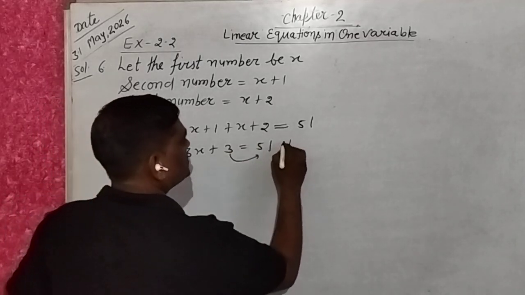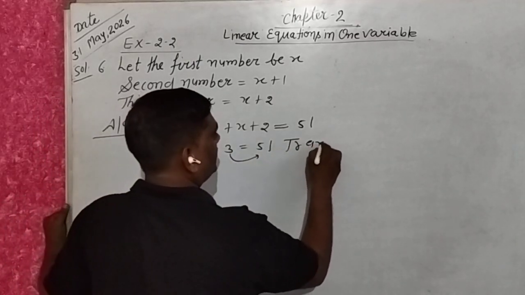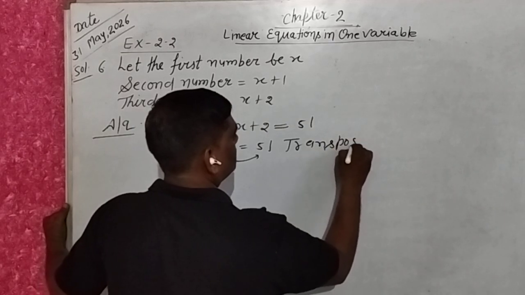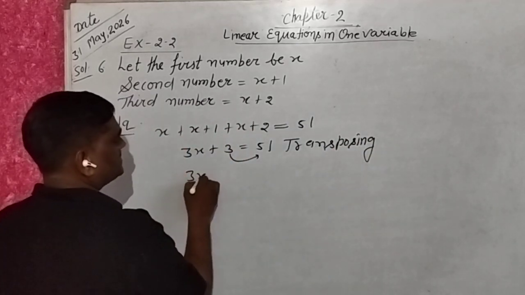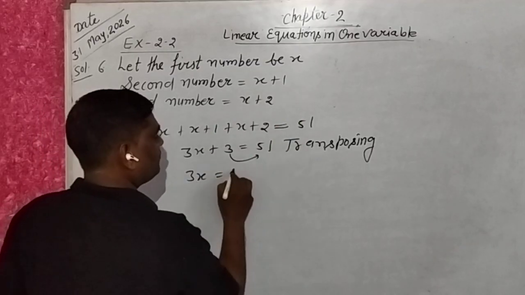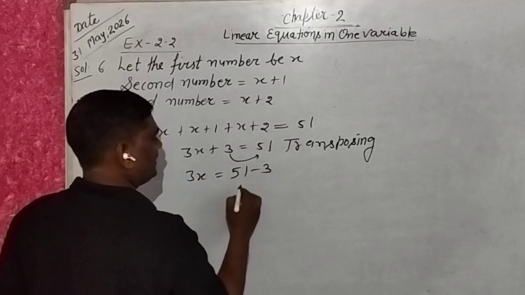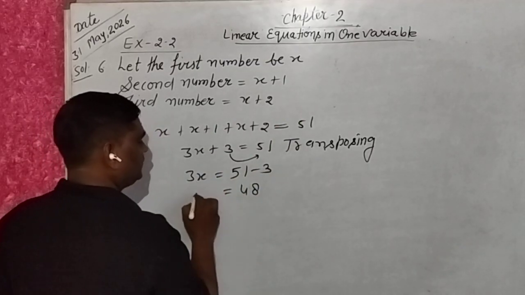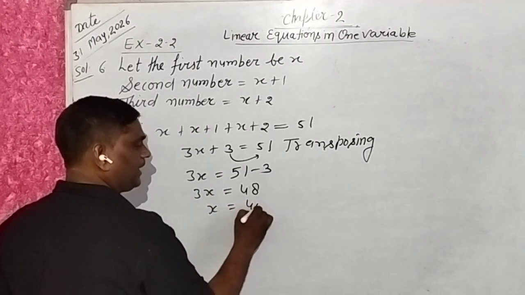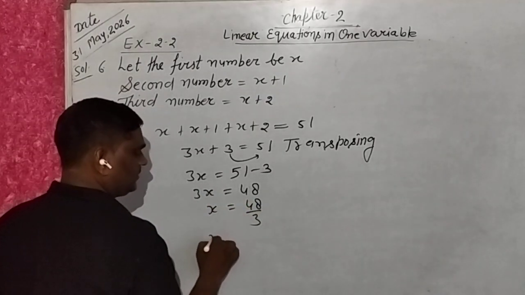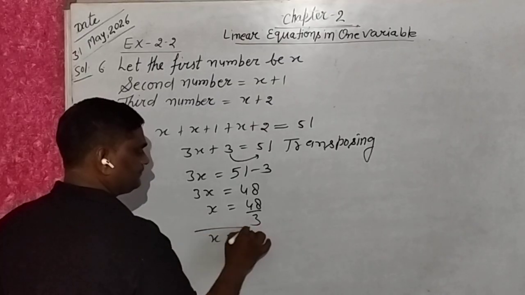When you transpose 3, it converts to minus: 3x is equal to 51 minus 3, which is 48. So x is 48 upon 3, which is equal to 16.